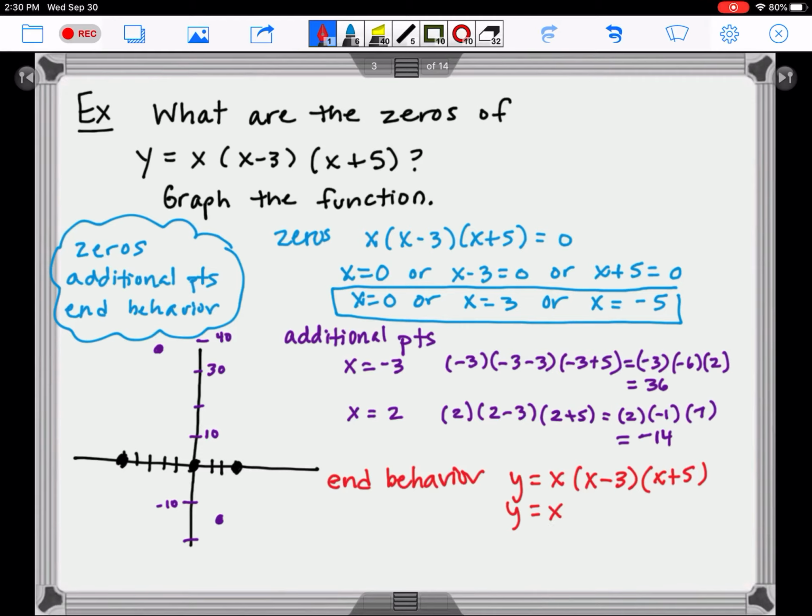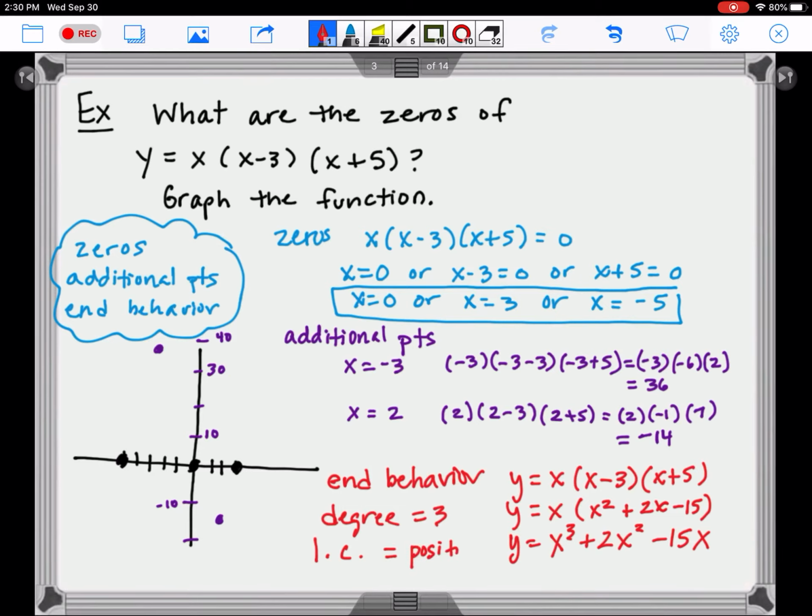I'm going to go ahead and FOIL, and I get x squared plus 2x minus 15. When I distribute the x, that's x to the third plus 2x squared minus 15x. Notice it has a degree of 3, and the leading coefficient is positive. So that would tell me that the end behavior is down and up.